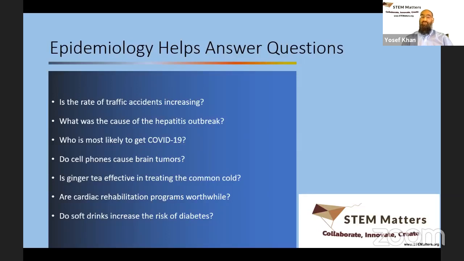Is ginger tea effective in treating the common cold? Do soft drinks increase the risk of diabetes? And so you can think of many different questions that would pop up related to one's health. All of these questions can be answered, or at least can be investigated through epidemiology and epidemiological methods.